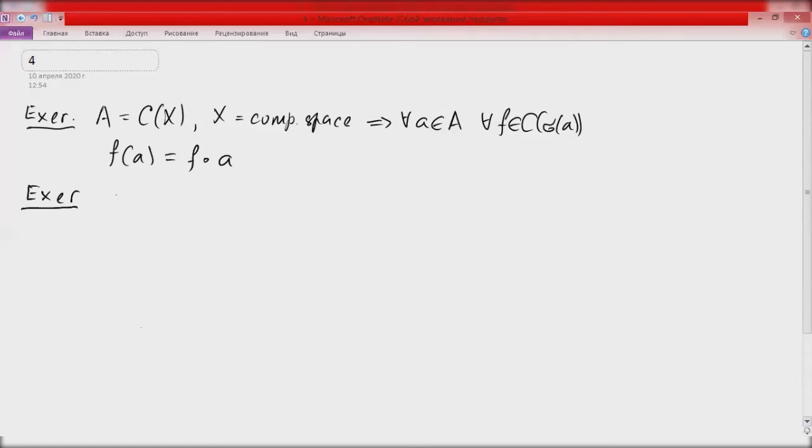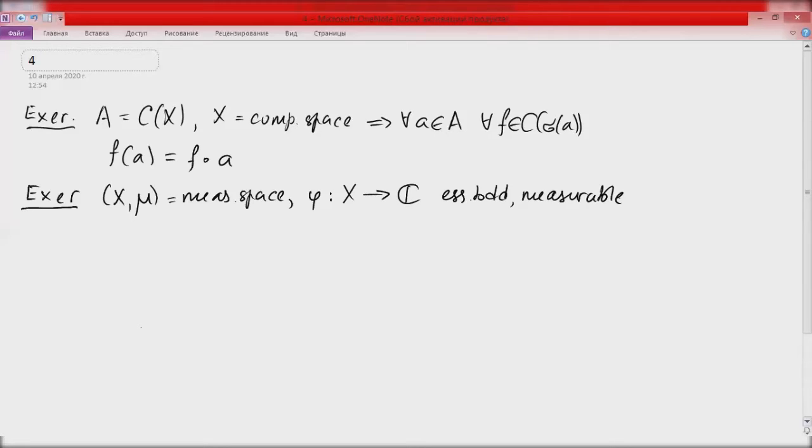Suppose that we have a measure space, X mu, and let phi be an essentially bounded measurable function on X. And consider the multiplication operator m phi, which acts on the space L2 of X mu to itself.